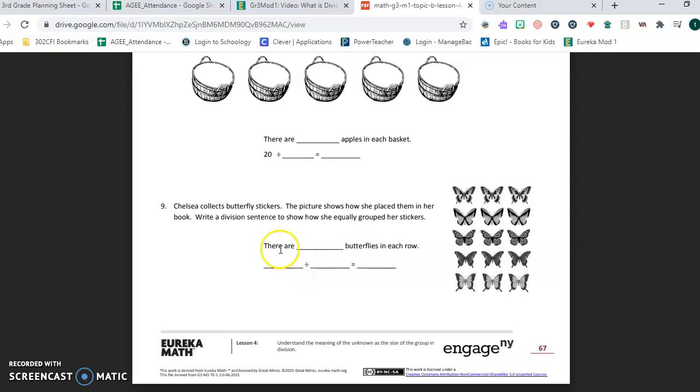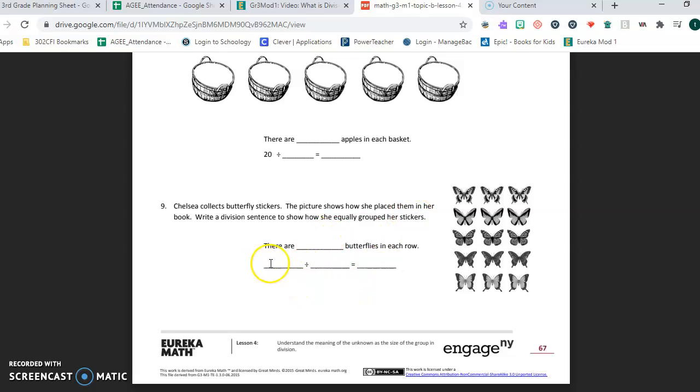And then we start with the total in division. You start with the whole number of items in all the groups put together, and you're dividing by the number of items in each row to get the number of rows. Okay, that's what they're asking you. They want to know how many groups she has altogether in this problem.